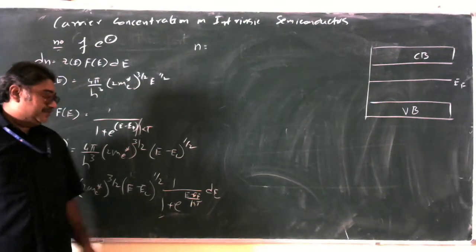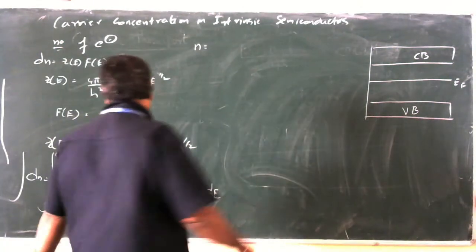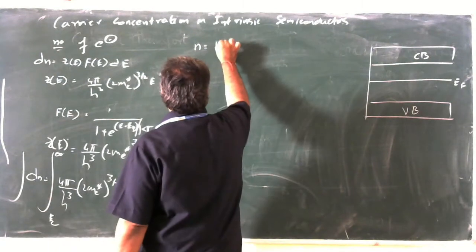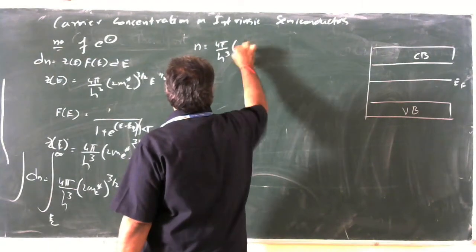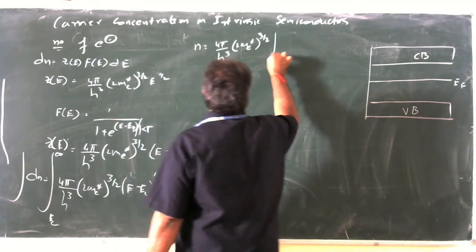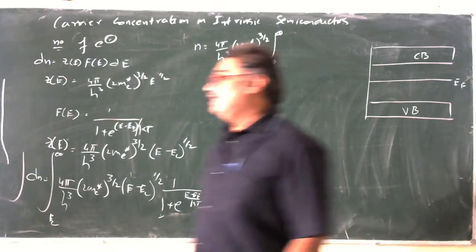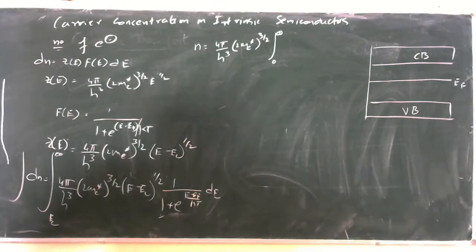So this function is just exponential of minus (E minus EF) by kT. Therefore, this can be written as 4 pi by h cube into (2 m_e star) whole power 3 by 2, integral from, sorry, not 0, it is EC to infinity.